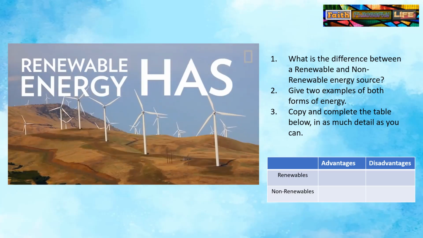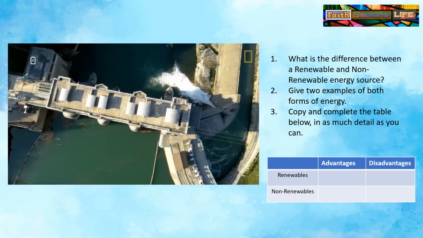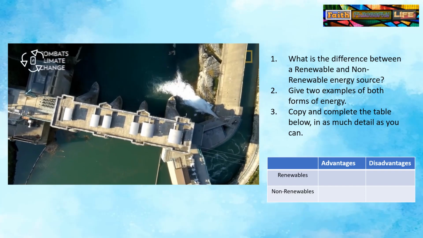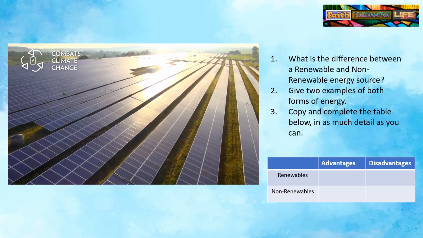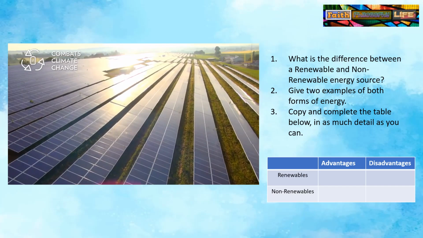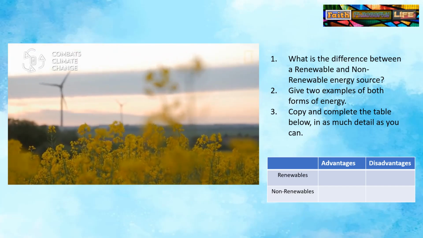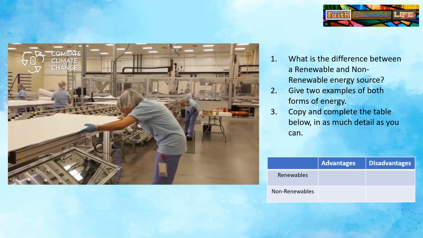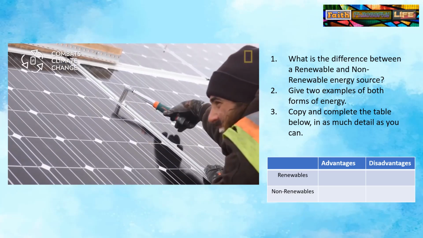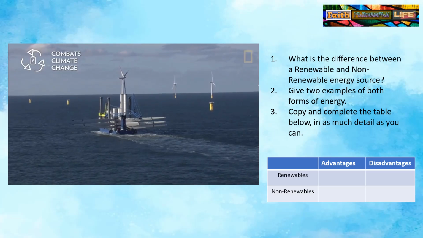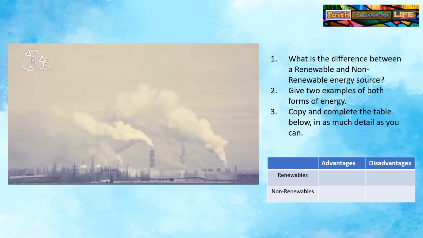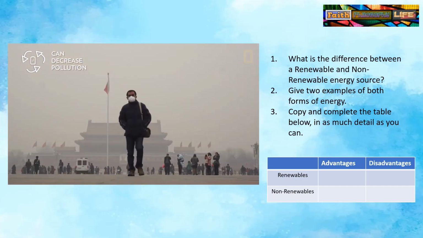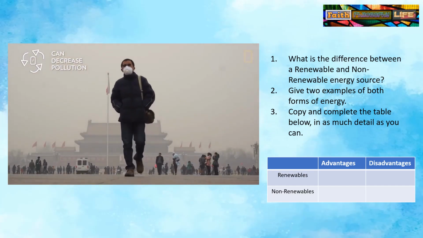Renewable energy has many benefits. First, it can combat climate change because it creates no direct greenhouse gas emissions. The only emissions that they produce are indirect, meaning those that result from manufacturing parts, installation, operation, and maintenance. But even those are minimal. Second, renewable energy can decrease pollution and therefore reduce threats to our health.